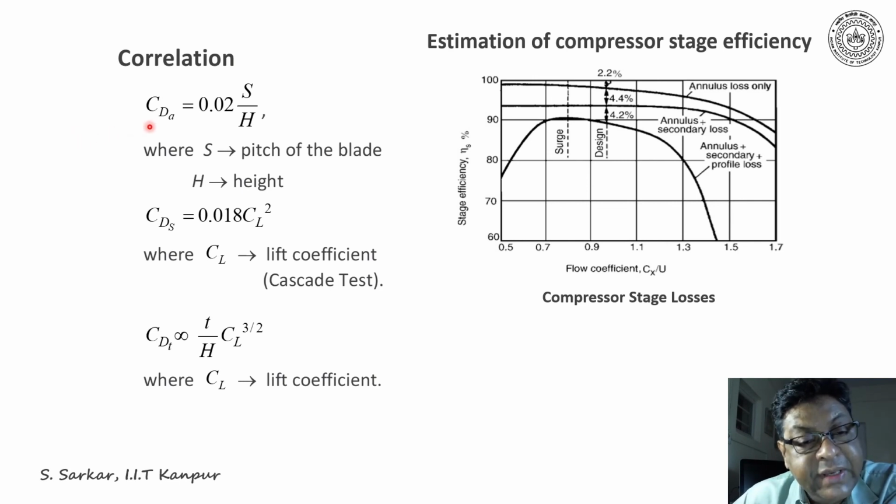Thus, CDA is equal to 0.02 into S by H, where S is the pitch of the blade and H is the height of the blade.